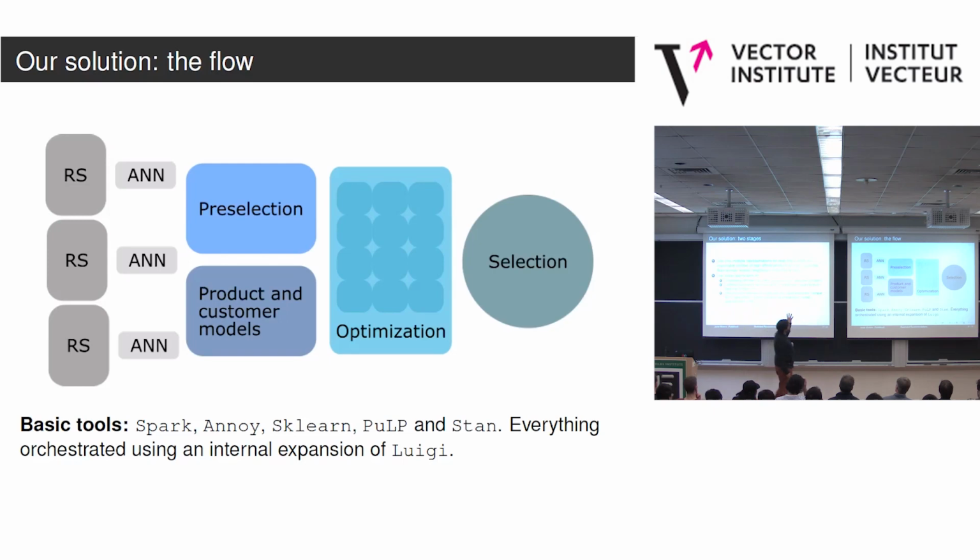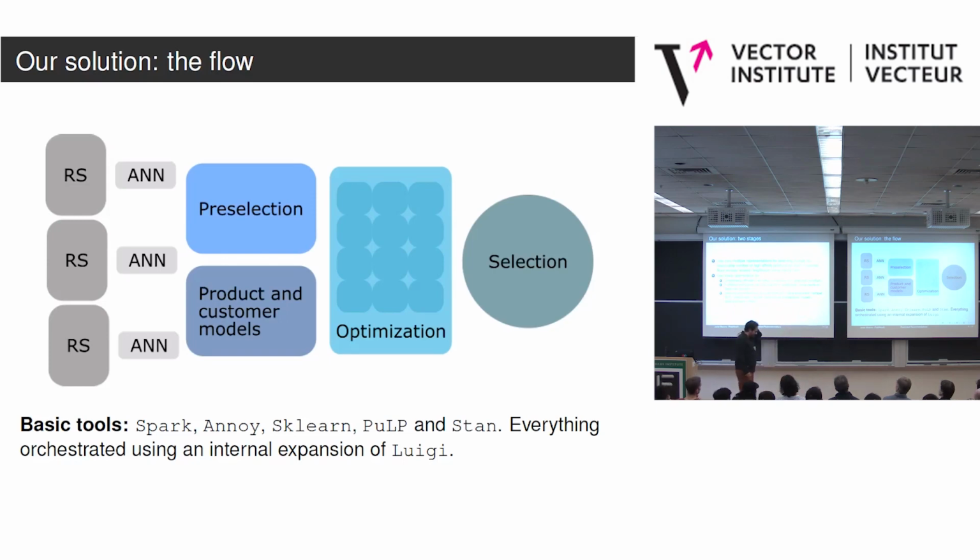So the way the flow looks right now is you have 3 recommendation systems of sorts. Something that we do, and it's practical, is you have 50 million customers, you have 100,000 products. You don't want to calculate the distance between these two things for every pair 3 times.